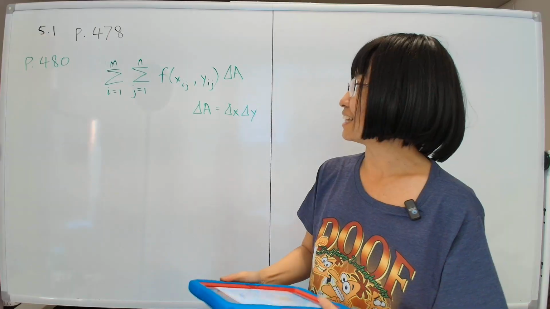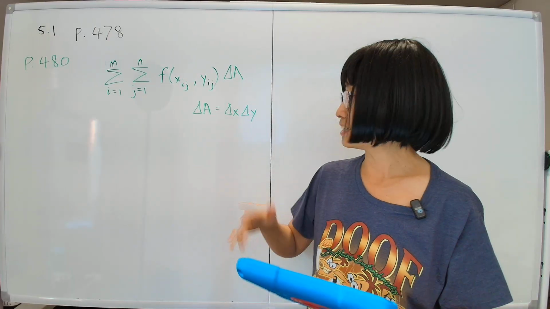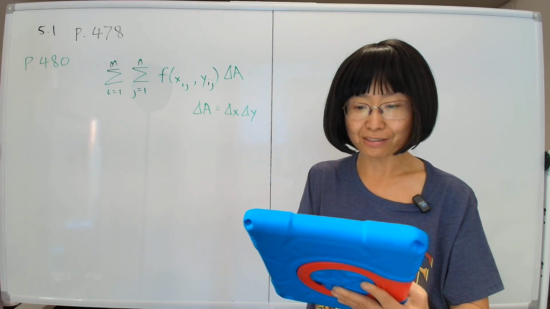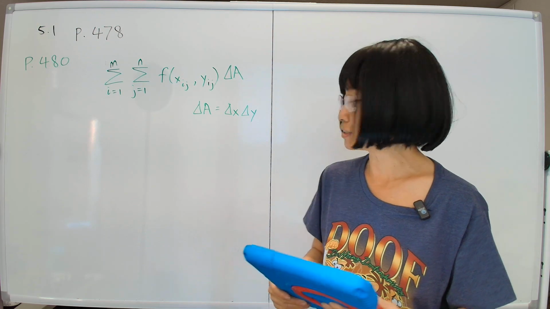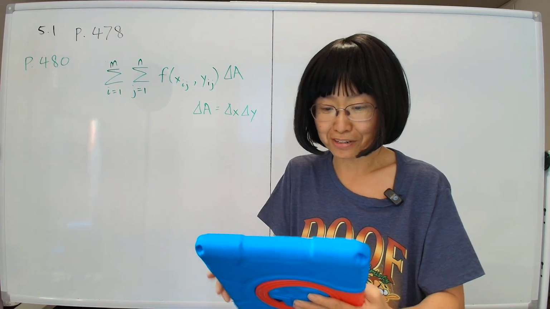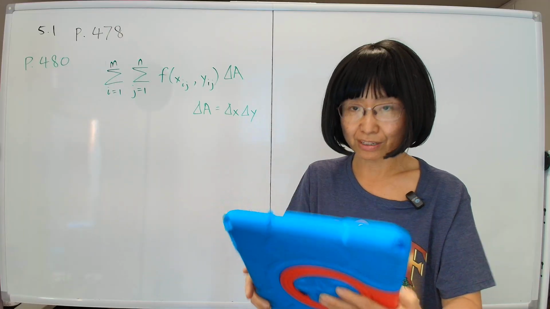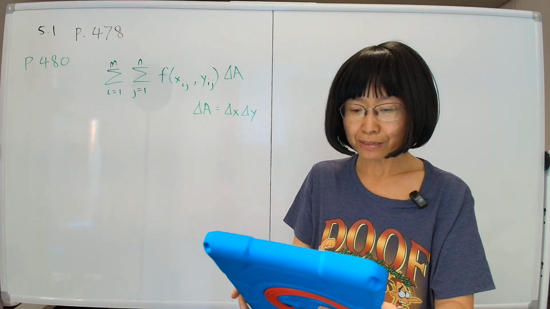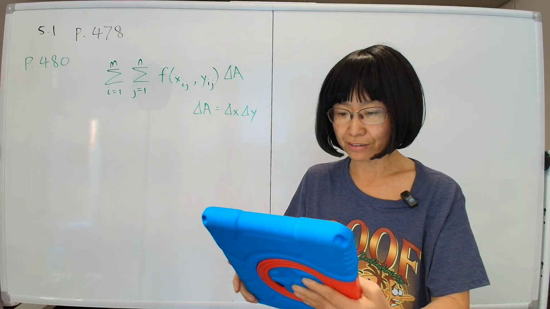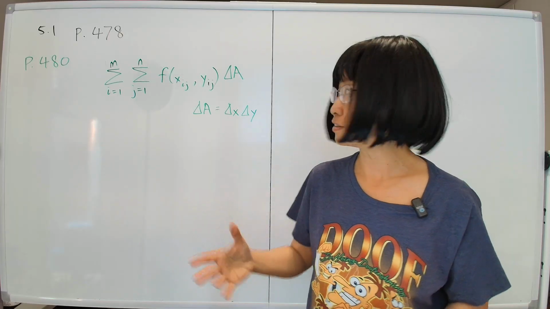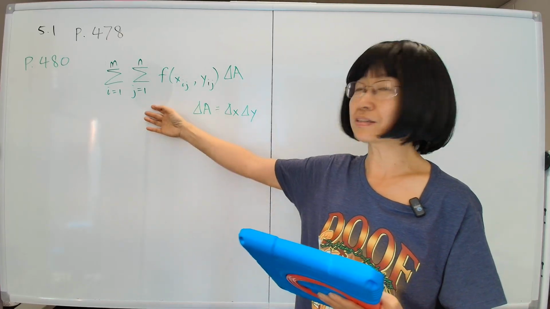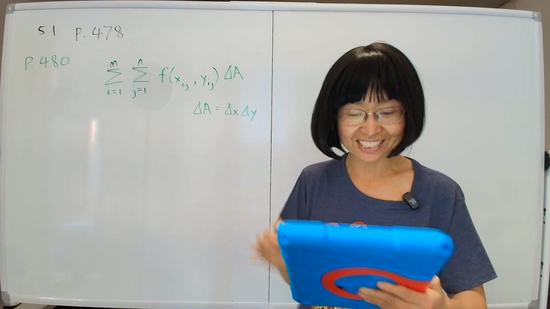Then you see what kind of volume you might come up with, which is just an approximation, of course, because you're only cutting it into 4. That's a very rough approximation, but it's faster. You don't have to add up like 50 things. So please do example 5.1 as part of your homework to get a feel for the Riemann sum. I think this thing is now called a double Riemann sum for good reason.